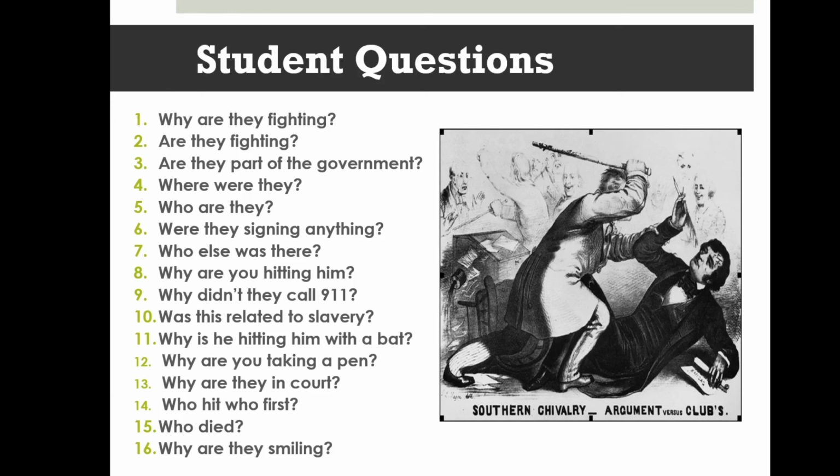At first I didn't catch the why are they smiling, because I didn't have a good visual picture of this, but we have those sketched in the background smiling at this incident taking place. So these were middle school students' questions based on the question focus determined by the teacher.